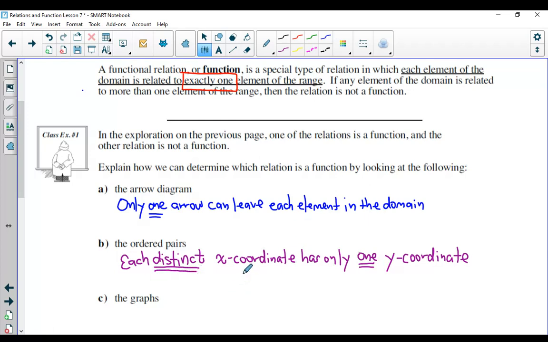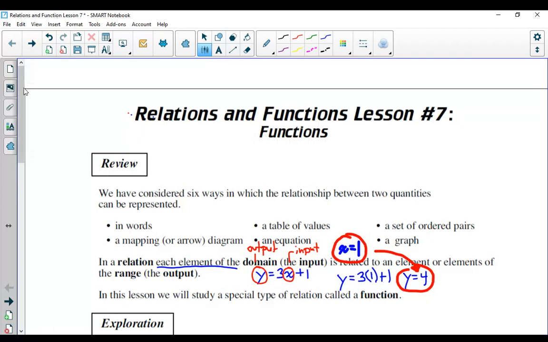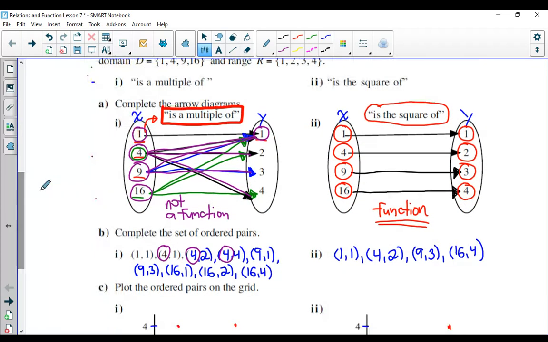If an x coordinate has an x value like 4 or 16, so say you have an x value of 16, if it has more than one y coordinate attached to it, then it is not going to be a function.